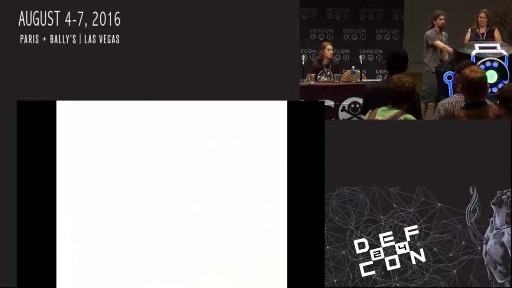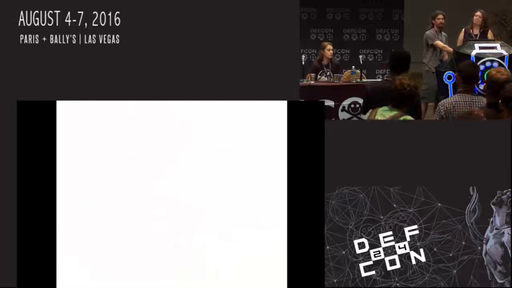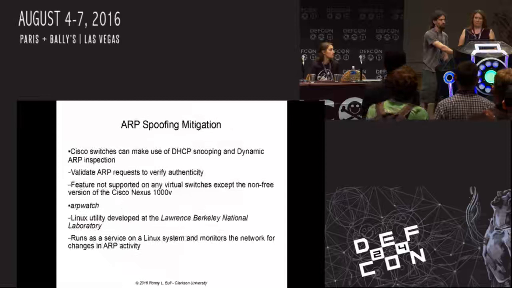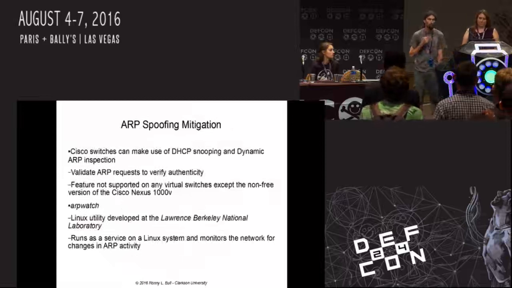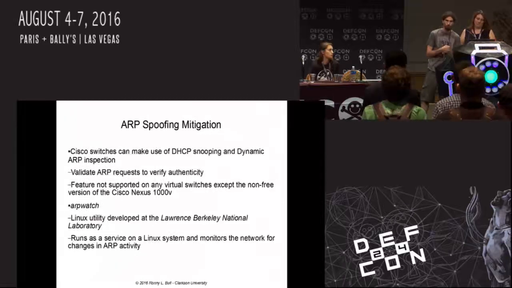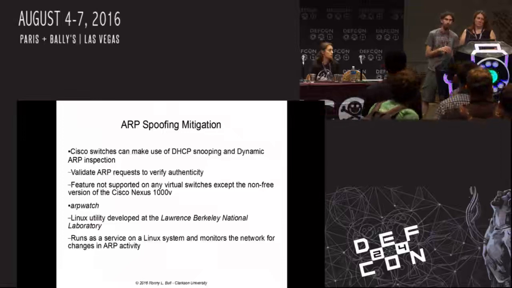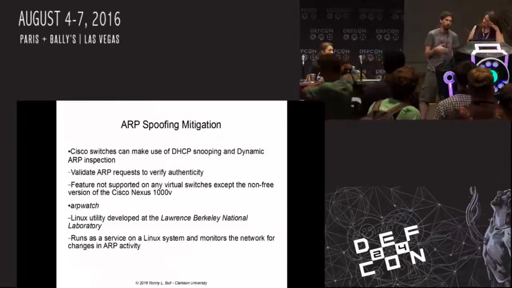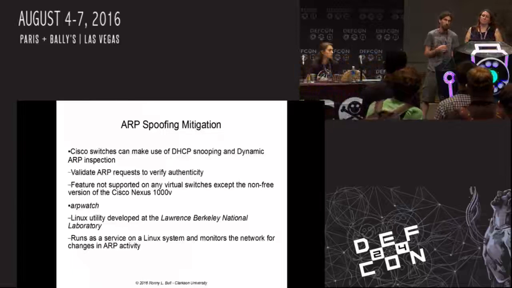If you look at the slides online, we actually have images that didn't show up here, but there's some good stuff in there for ARP. Basically, you're looking at ARPwatch, because the Ciscos have Dynamic ARP Inspection and DHCP snooping that allow you to look for rogue DHCP servers and different ARP problems. But ARPwatch is a Linux utility you could daemonize, run as a server on your network, and actually look for malicious ARP activity on that network. It's about the only thing we've really looked at and experimented with right now, but it does work pretty well.